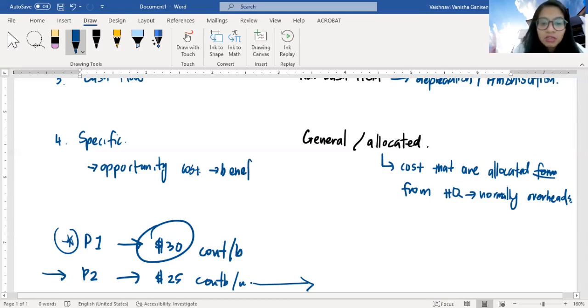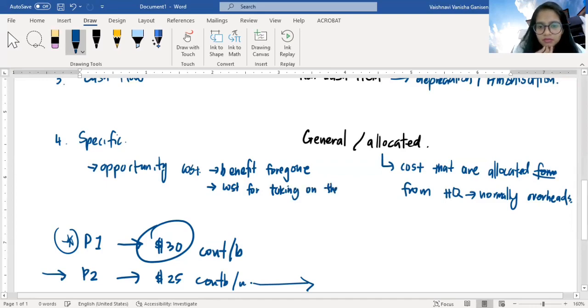I'm just going to write a few here. Benefit foregone, and just now I said the cost of taking on the next best option. So this is what you mean by an opportunity cost.